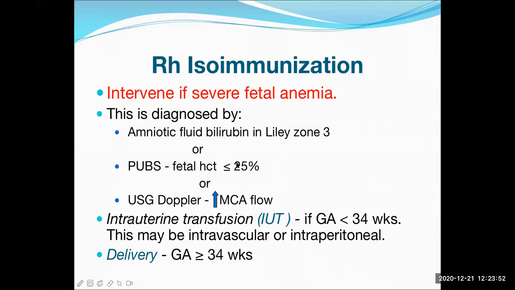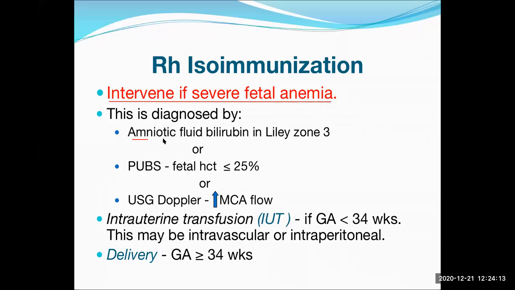Now let's move further. Let's talk about when we intervene with severe fetal anemia. When is the time for intervention if we diagnose severe fetal anemia in the baby? First of all, we should diagnose whether the fetal anemia is severe or not.